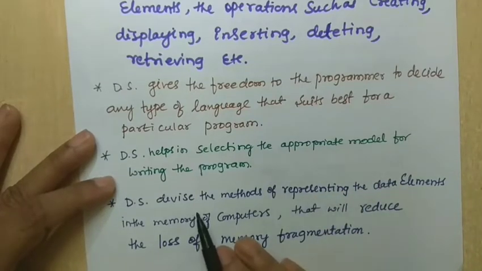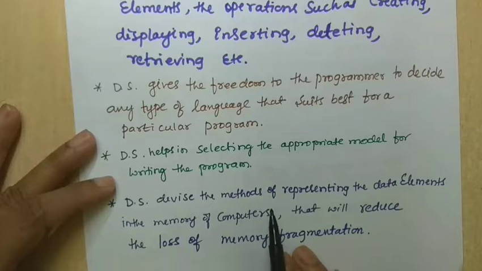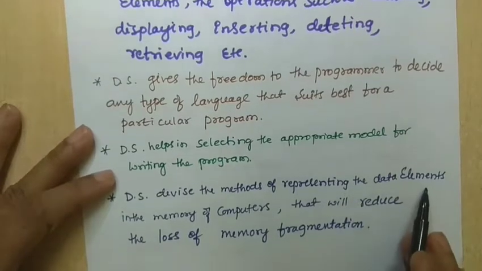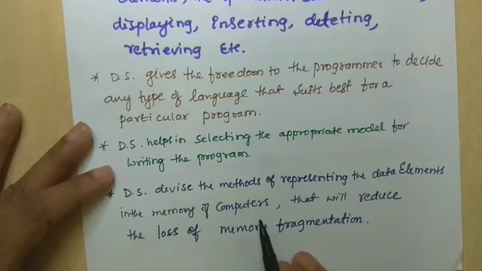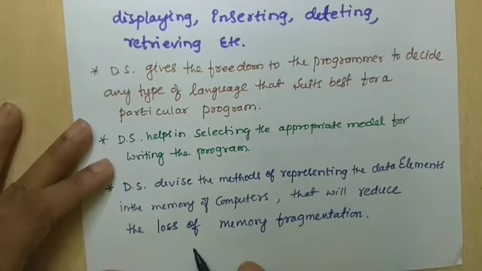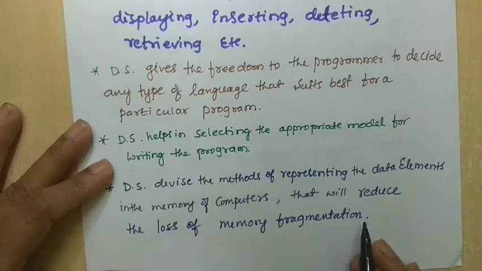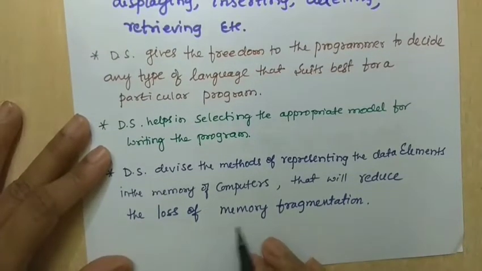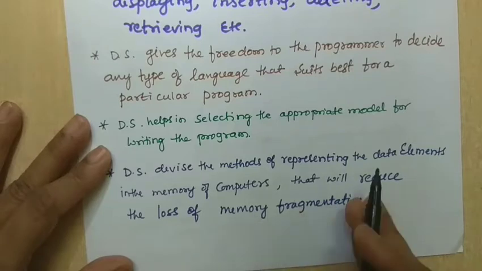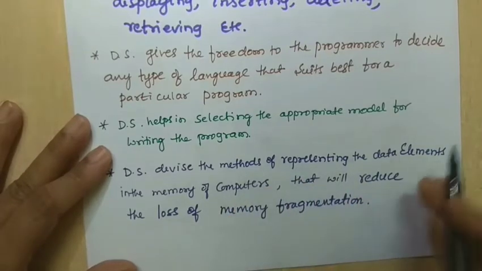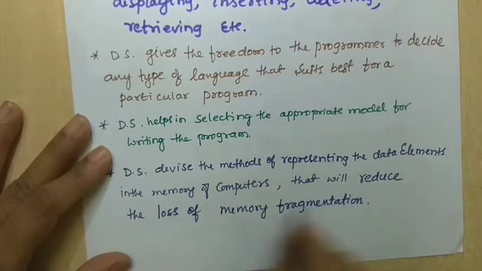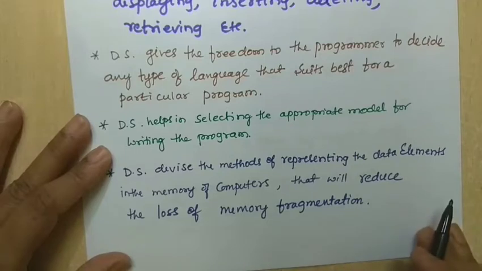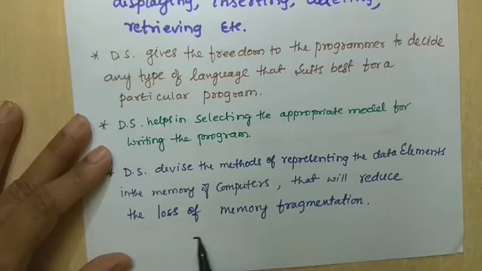Also, data structure devises methods of representing the data elements in the memory of computers, which reduces the loss from memory fragmentation. It means that instead of storing 100 elements in different memory locations, we can store them all together in one single memory location.